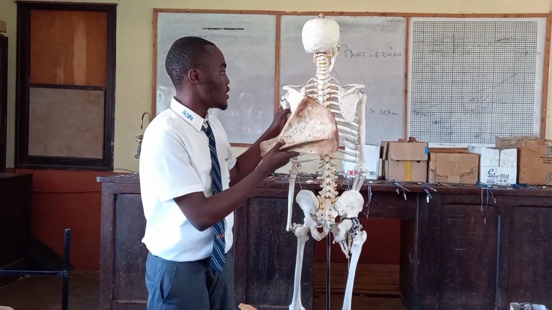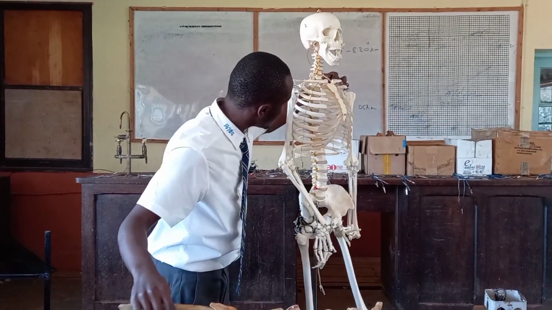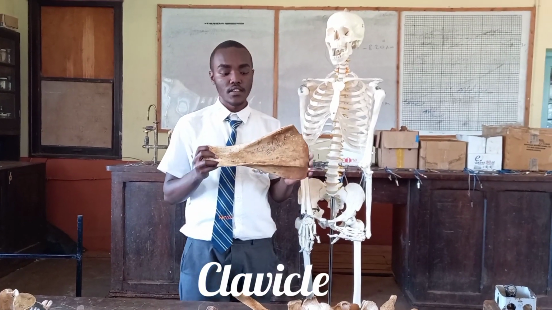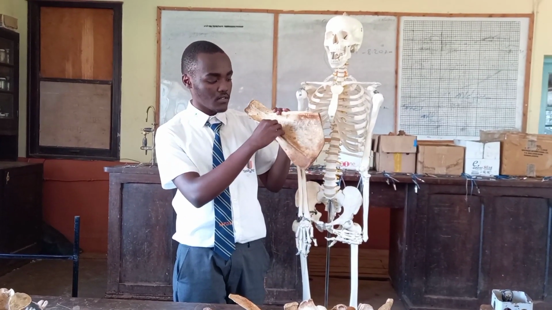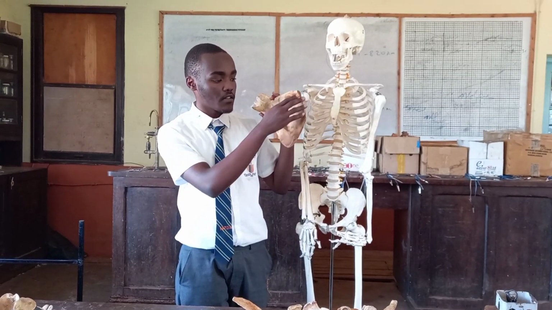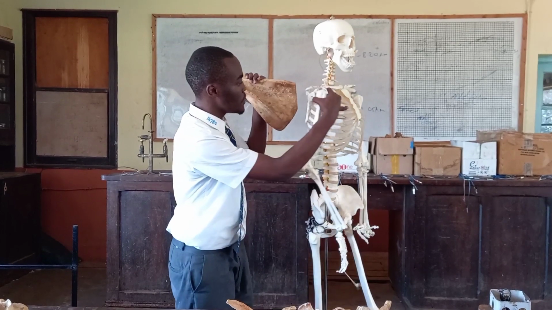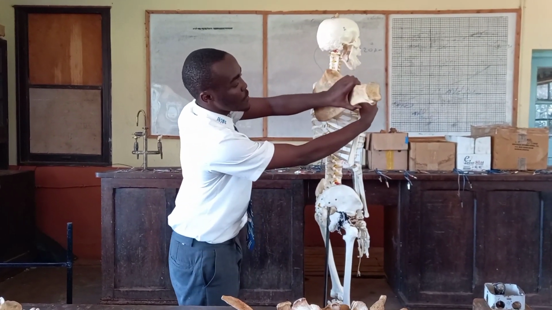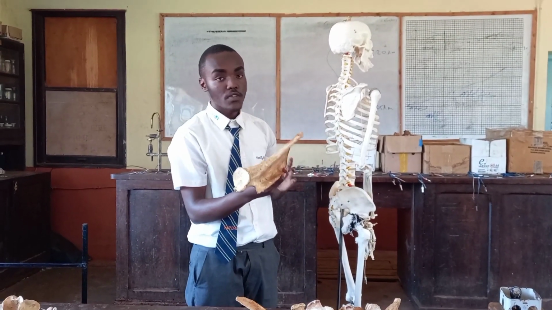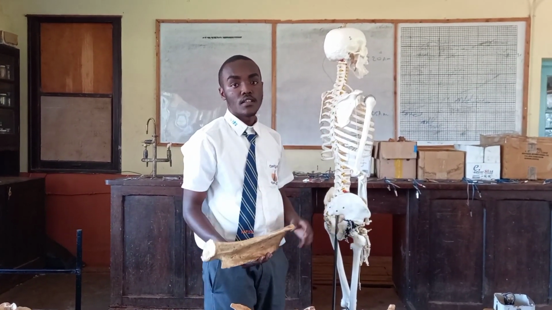In the front part, we have the clavicle. The scapula is this part here that forms outwards with the spine, and this part here, which is around the ribs, has cartilage to prevent friction with the ribs during the breathing process.